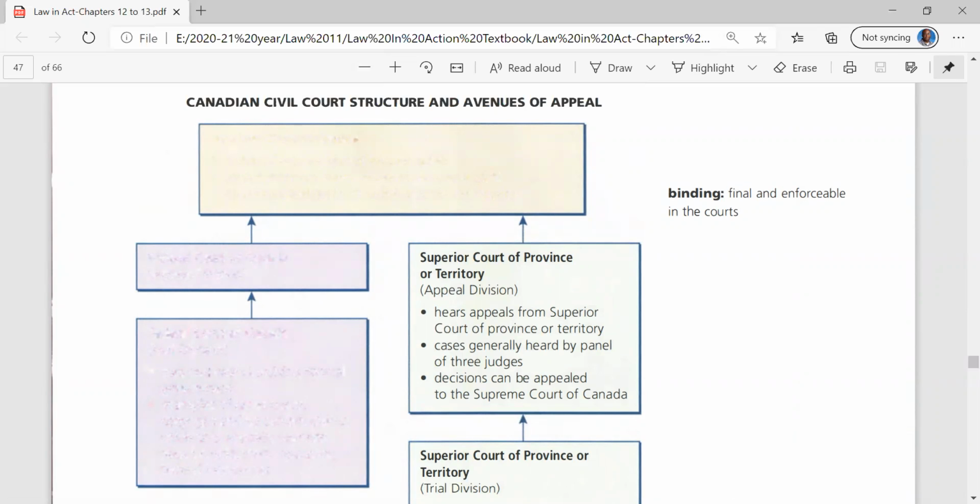You have your superior court, then your trial division and your appellate division. The difference here is that on top is the Supreme Court of Canada, which means they settle both. If it goes that far, the Supreme Court of Canada can settle civil situations. They don't like to do so. They can say we're not listening to that case, because they want to focus on their job, which is to determine the relationship between individuals and the state. But they will hear several cases if someone says, look, this is a major issue.